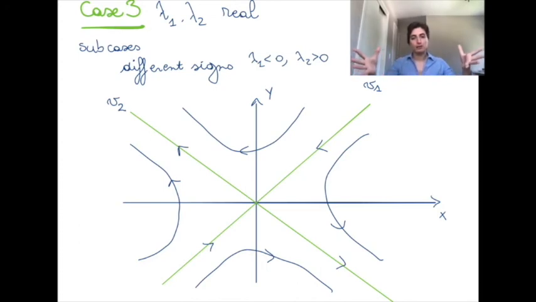So if in our phase space we draw the eigenvectors associated with lambda 1 and lambda 2, we know that if we are exactly on the eigenvector v1, then the only thing that is influencing the solution on this eigenvector is the value of the eigenvalue. The eigenvalue is negative, so the only behavior happening on this eigenvector is the exponential contraction associated with lambda 1 being negative. So if you are exactly on v1, you're going to 0.